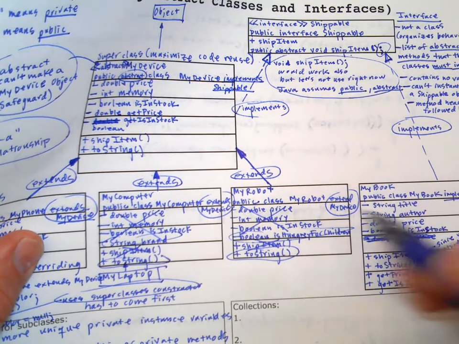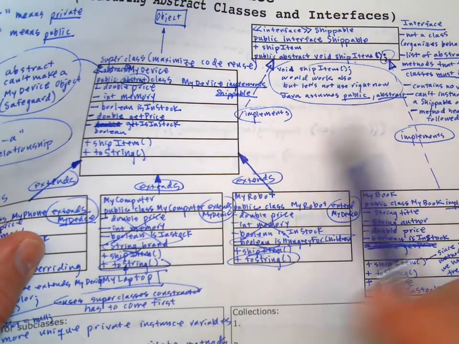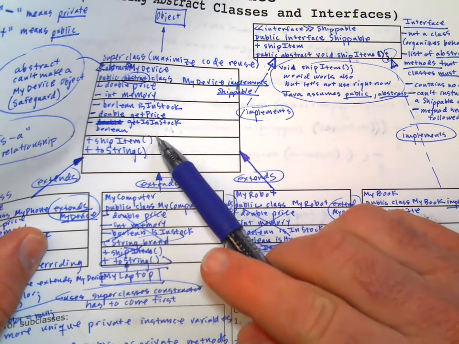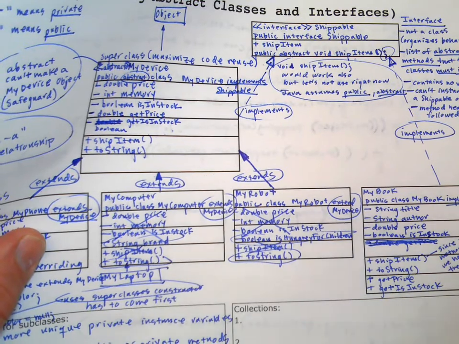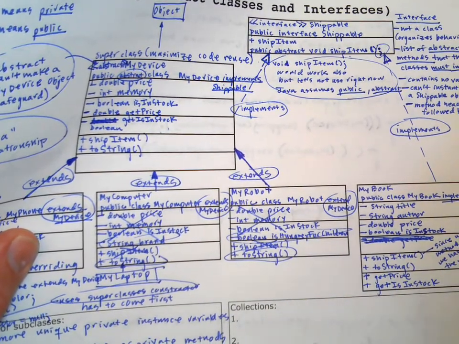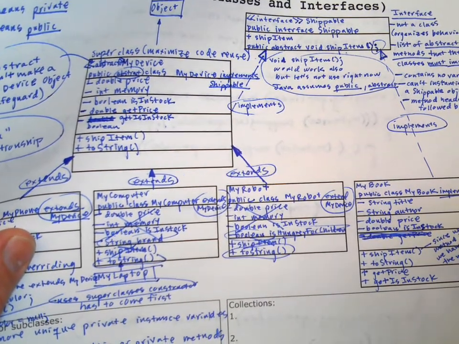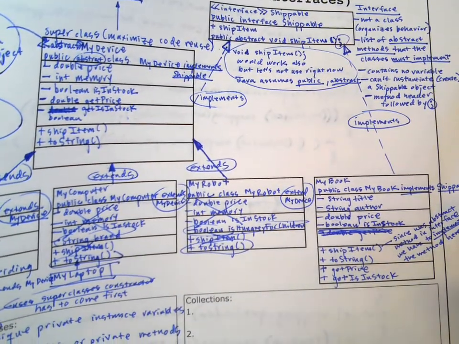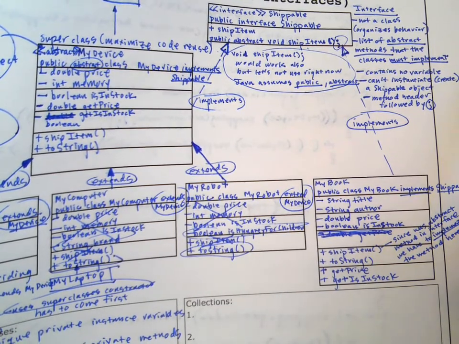So then when we go to check if a shippable item is in stock and it finds the method here, it would then find the correct version of it down here. And then you wouldn't have to do any of the instance of, you wouldn't have to do any of the casting, and it would work really nice. But this was a good opportunity to talk about using instance of and downcasting objects, because that will show up in multiple choice questions. Okay.